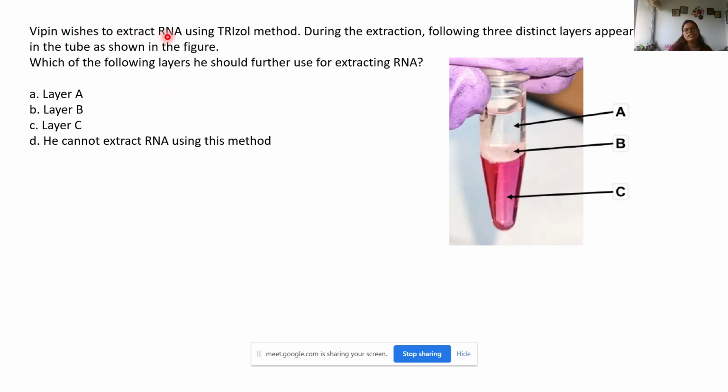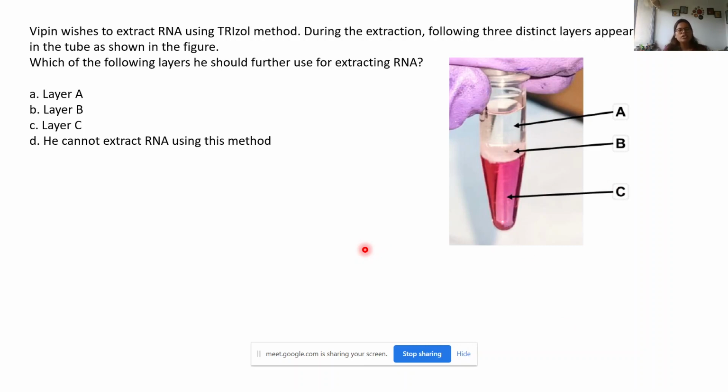So Vipin wishes to extract RNA using the trizol method. During the extraction, the following three distinct layers appear in the tube. Which of the following layers should he further use for extracting RNA? Vipin has treated his sample with trizol reagent, then used other solvents like chloroform and performed centrifugation, and he got three separate layers: layer A, layer B, and layer C. Which is the layer where RNA is present?